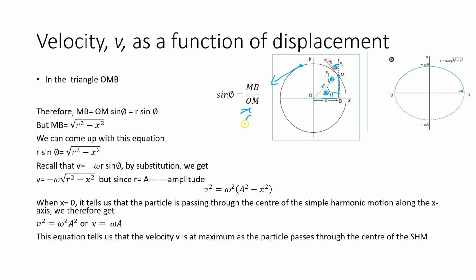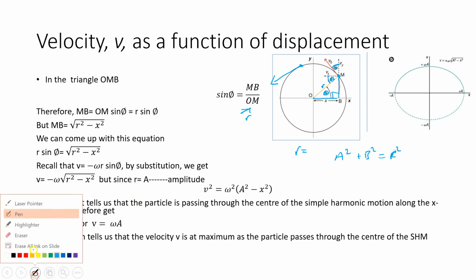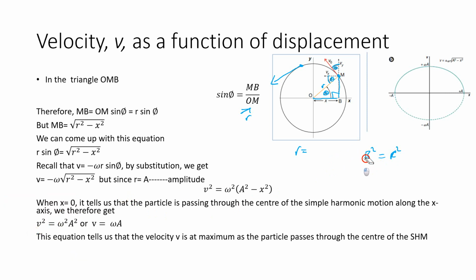Now, what does R represent? By using Pythagoras theorem, a squared plus b squared is equal to c squared, but in this case, c is equal to r. So rather than writing c, we just write r. Let's rewrite that in a more refined form using information that we know.